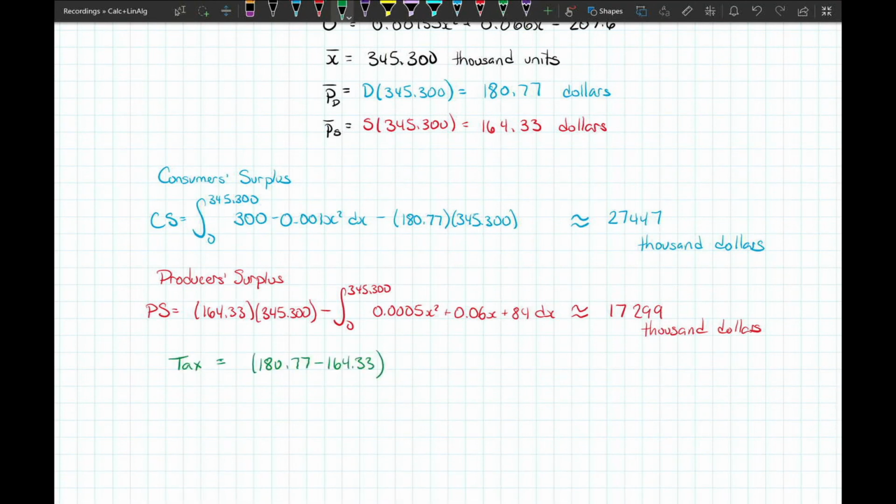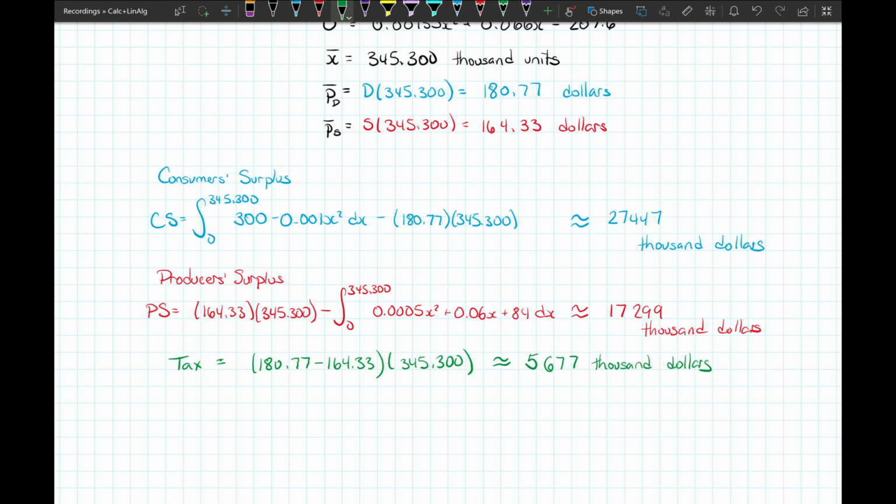We'll take the difference between those two prices and multiply by our equilibrium quantity. This will also be in thousands of dollars. And once again, I'll round to the nearest $1,000. This is $5,677,000. I'm rounding to the nearest $1,000 because these prices and quantities were also rounded, and I can probably only really give a relatively accurate value for these three values to the nearest $1,000.